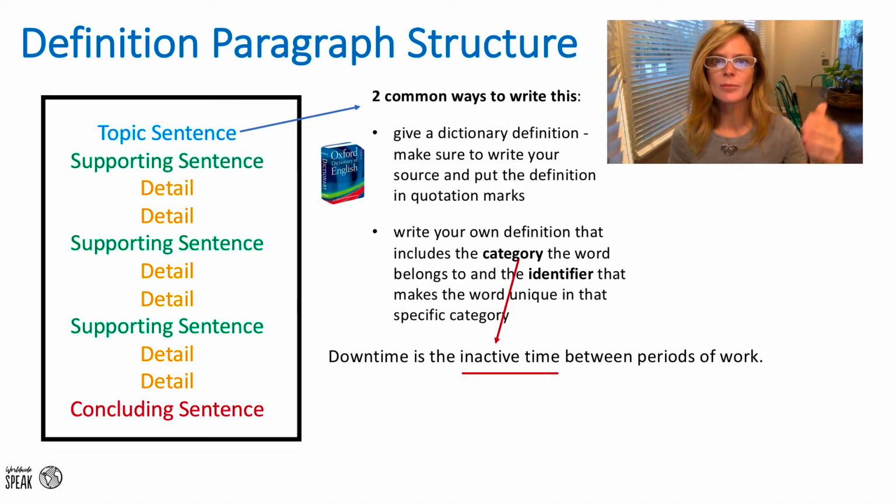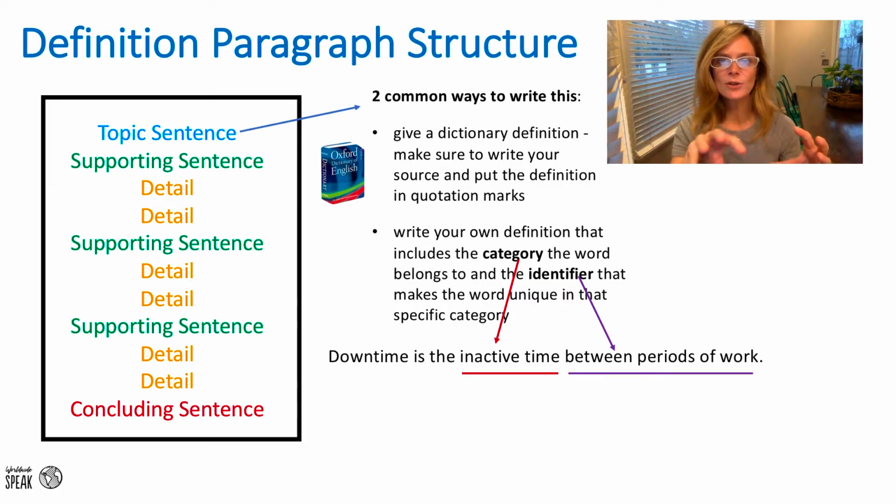What is the thing that makes this time, this specific time, unique? So it's between periods of work. That's your identifier. So you have the word, you have what category it fits into, and then you have what makes it unique or what's its trait, and then this gives you a really nice, strong topic sentence for a definition paragraph.